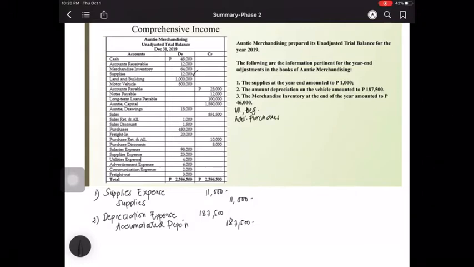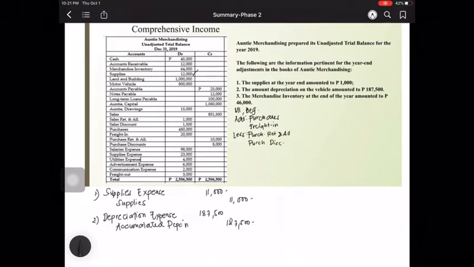What else increases your purchase account? You have your freight in. Okay? So after adding all the purchases and the freight in attributed to our merchandise inventory, we have to reduce it by the amount now of our contra purchase accounts. And what are these? We have your purchase returns and allowances and your purchase discounts. Okay?